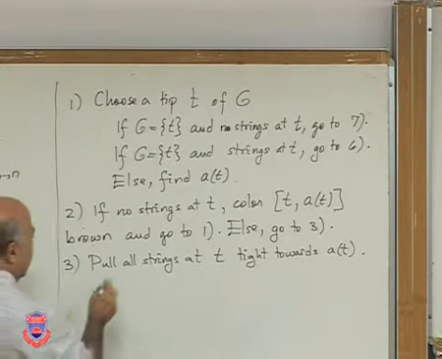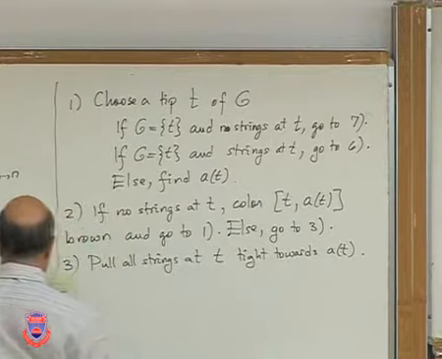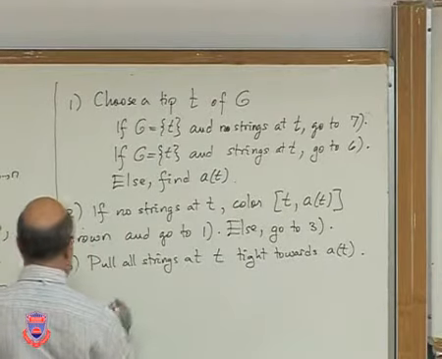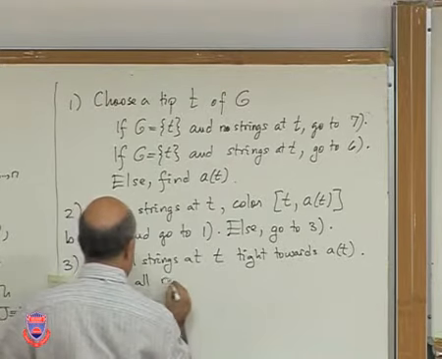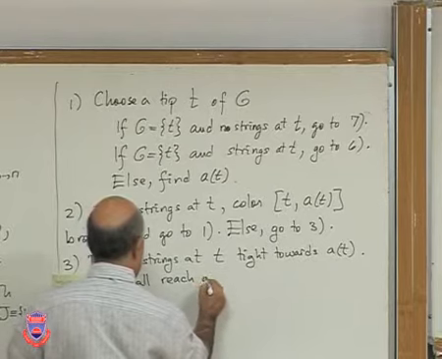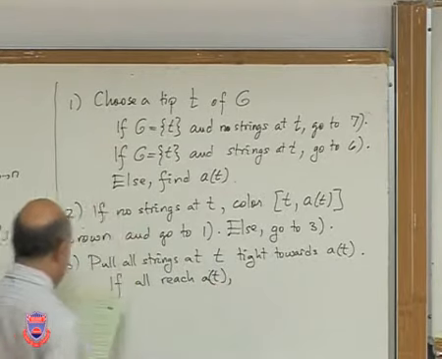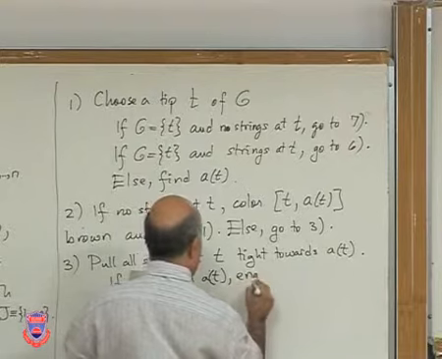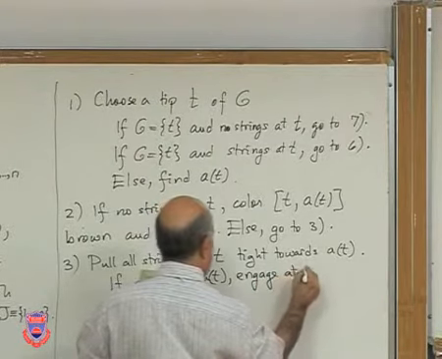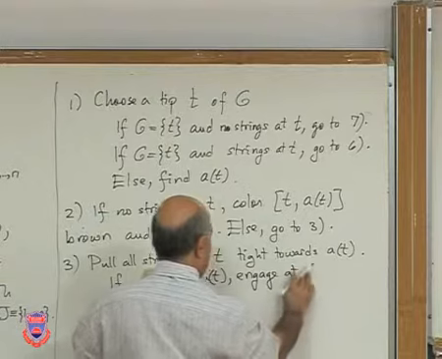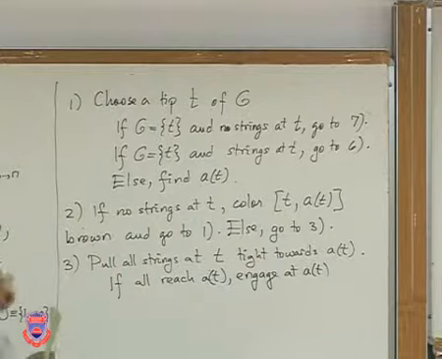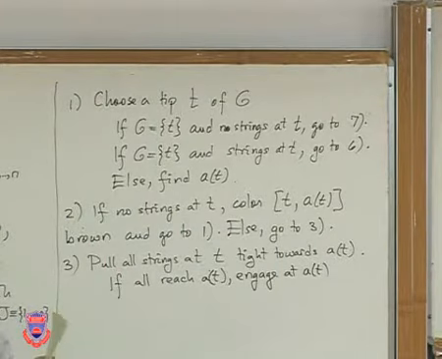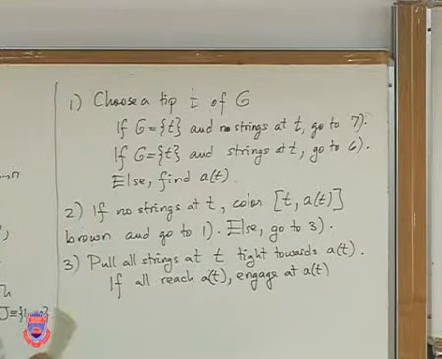All right. So pull all strings at T tight towards AT. If all these strings reach AT, we engage them at AT. Engage means whatever the portion of the string is, you just engage it, and there are loose ends still remaining.